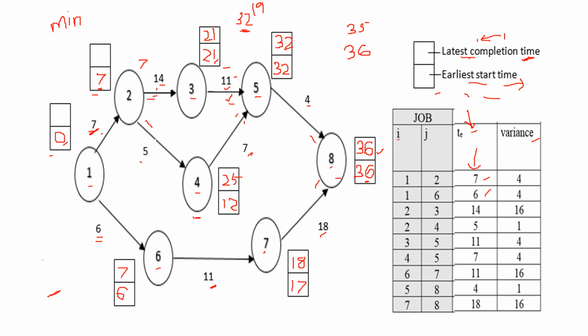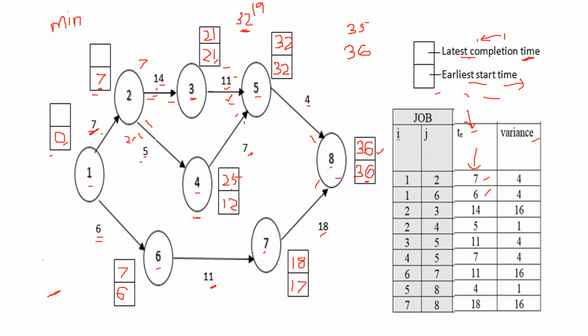So 3 to 2, this way we are going, right? Two lines have been generated from node 2. So here 21 minus 14, that is 7, and 25 minus 5, that is 20.